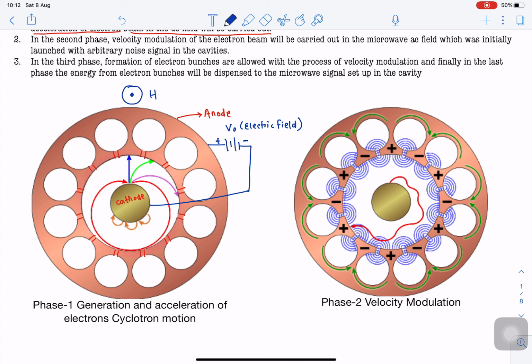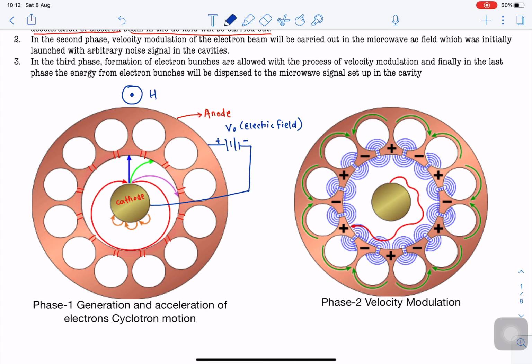So we assume this magnetic field is perpendicular to the plane of paper. That means the electric field is parallel to the plane of paper, and the magnetic field is oriented perpendicular into the plane of the paper.